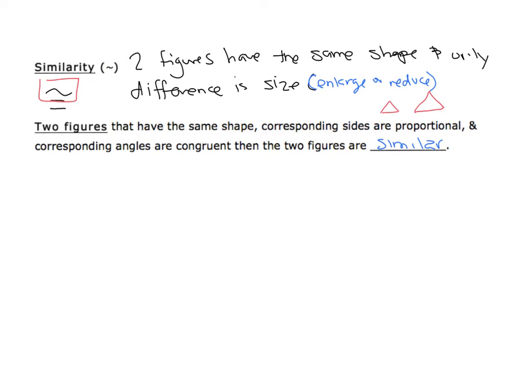You can see that here with these two triangles, same exact shape. One is just smaller than the other. If two figures have the same shape, their corresponding sides are proportional, and their corresponding angles are congruent, then those two figures are, in fact, similar. Now, there is a difference between similar and congruent. Make sure you are aware of that.